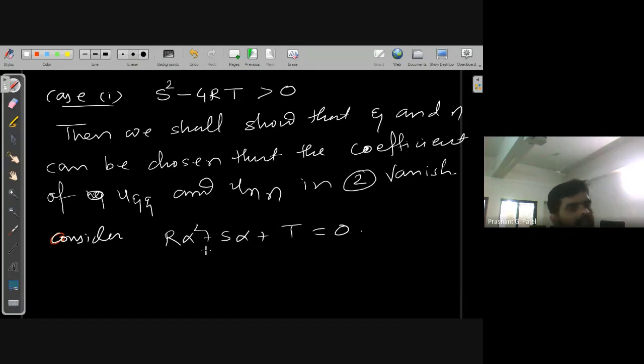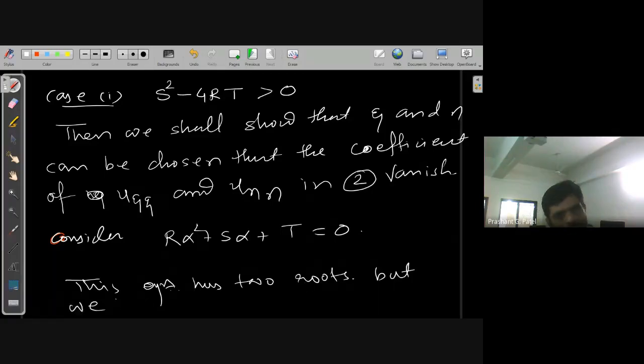So obviously this equation has 2 roots, but we have s square minus 4 rt is positive.